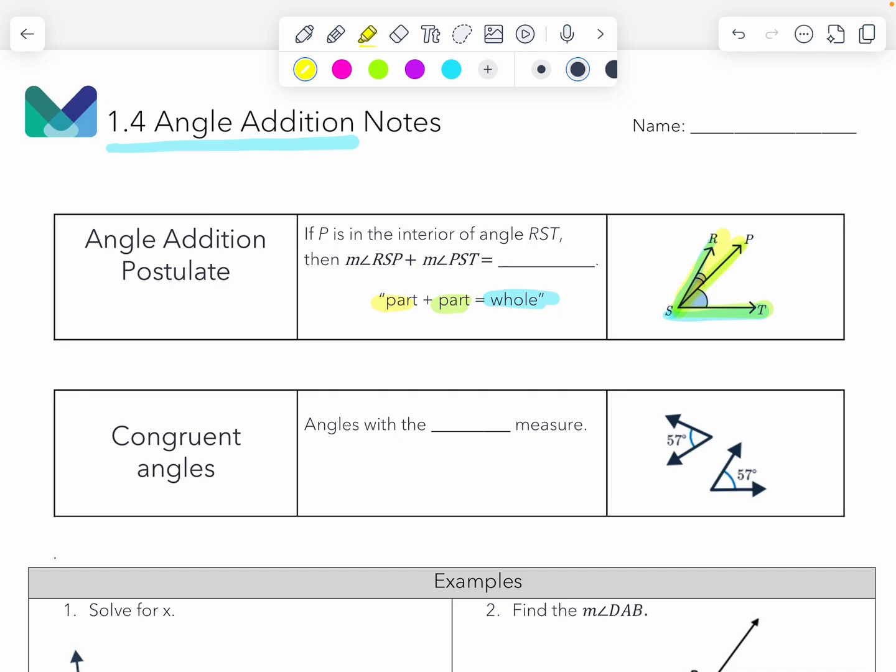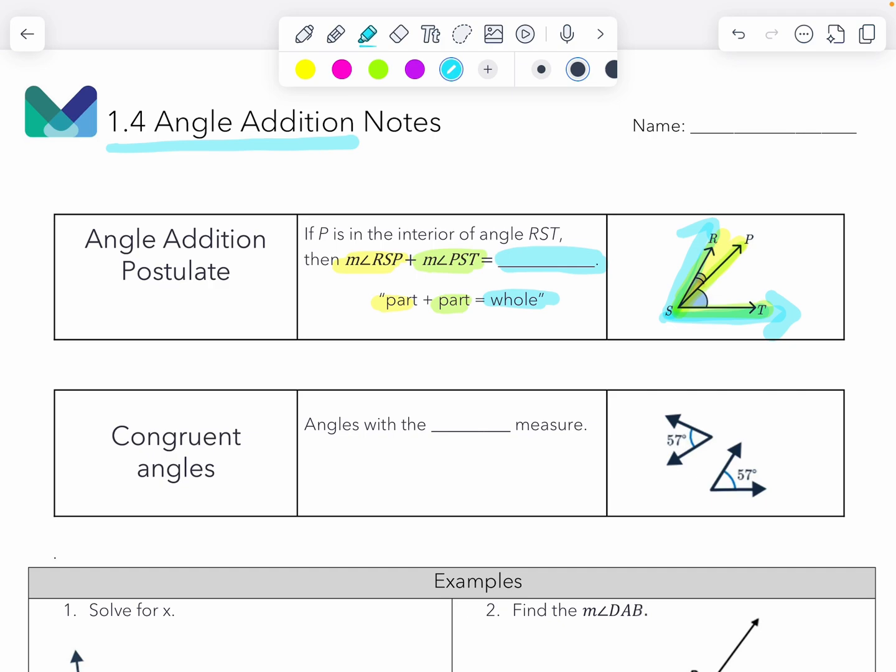So if we use our letters to name the angles, we could say if P is in the interior, or the inside, of angle RST, RST is our big blue one. Let me highlight this blue so you can see that a little bit better. So if P is on the inside of that angle, then the measure of angle RSP, which is our little yellow one, plus the measure of angle PST, which is our green one, would be equal to the whole one.